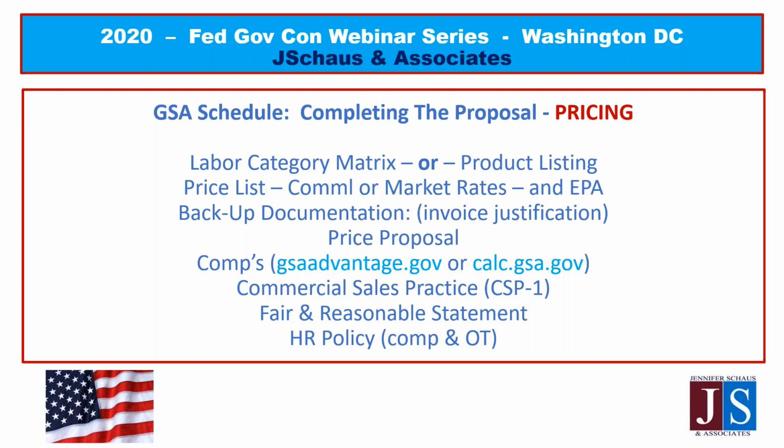Because if you've already put together the administrative section and the technical section, then you get to this pricing and you find that your rates for your product, your software, your services are 3x the average GSA rate, and GSA is going to bump you down to these average rates, which is what they're going to do, then you're not going to be profitable on the schedule, especially considering once you're on the schedule that your rates are a price ceiling. And then you'll be encouraged to give even lower discounts.